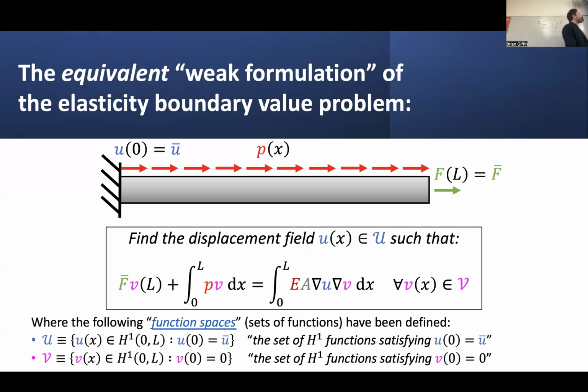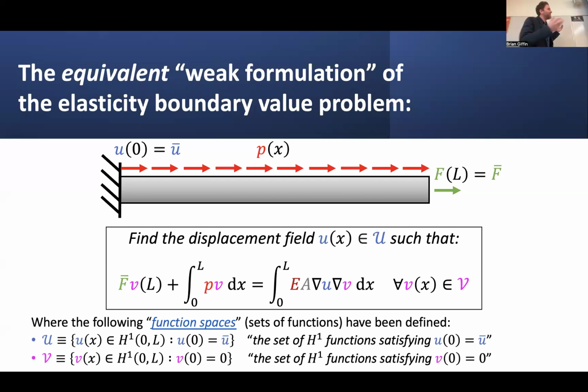The important thing to note here is that instead of saying that we're searching for some displacement field that had to be continuous and which satisfied equilibrium in a pointwise sense, now we've manipulated into the following expression: find the displacement field which doesn't satisfy equilibrium in a pointwise sense, but rather satisfies equilibrium in this weighted integral average sense.